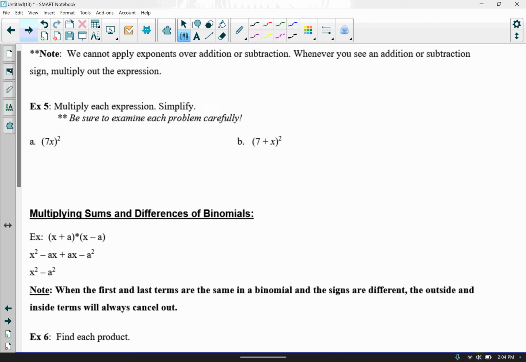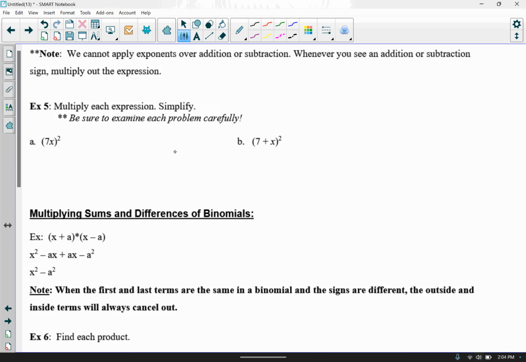You'll notice that, I just made a little note here, you can't apply exponents over addition or subtraction, okay? Whenever you see an addition or subtraction sign, you have to actually multiply out the expression, okay? I've got an example down below just so you can see what I'm talking about. So in example 5, it says to multiply each expression and simplify.